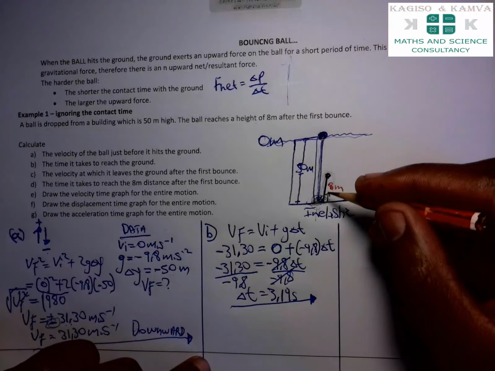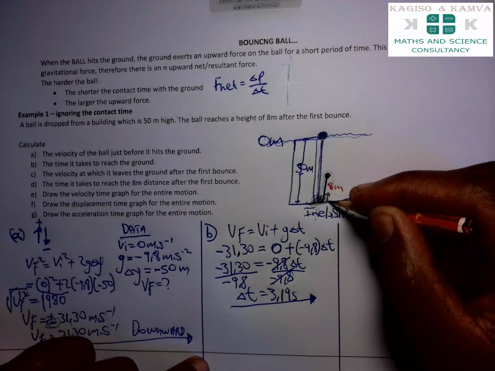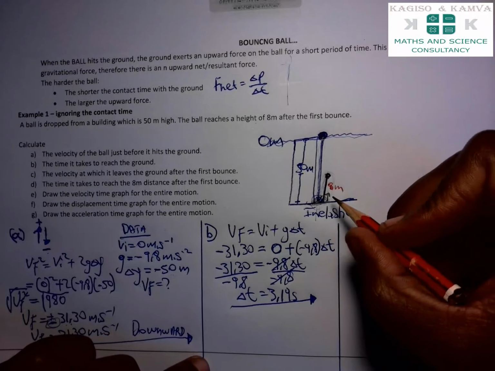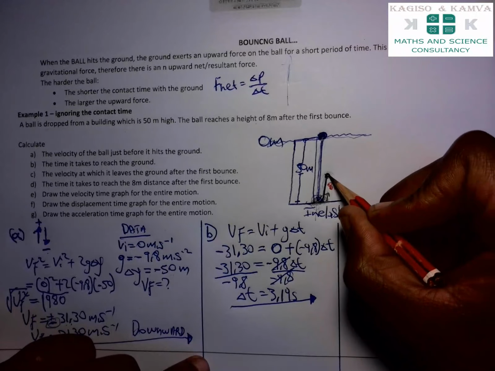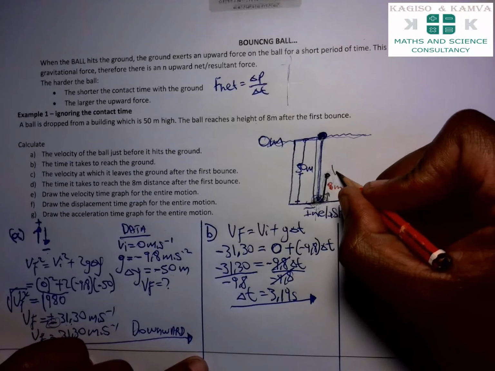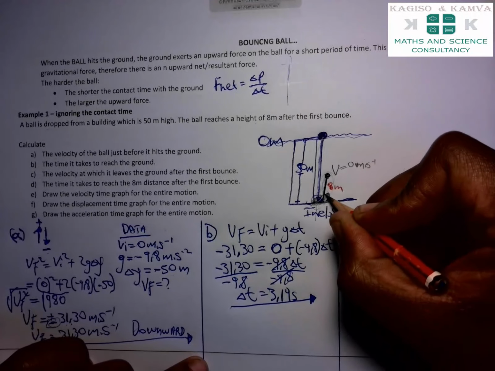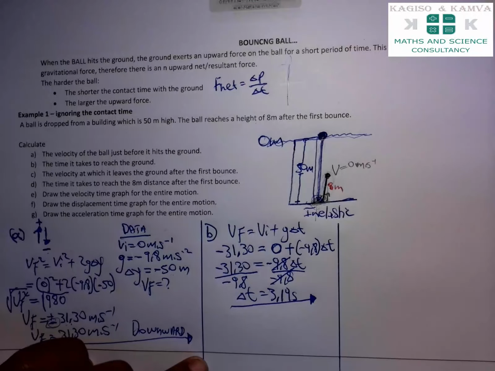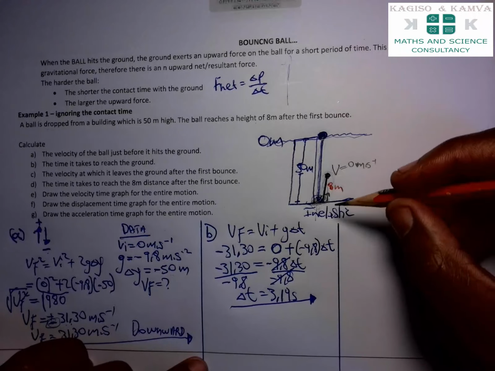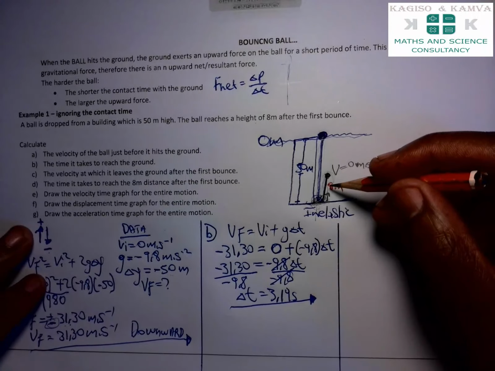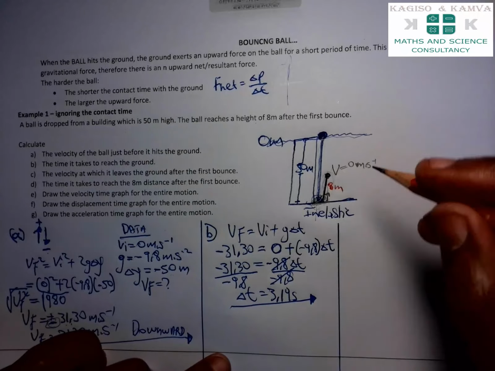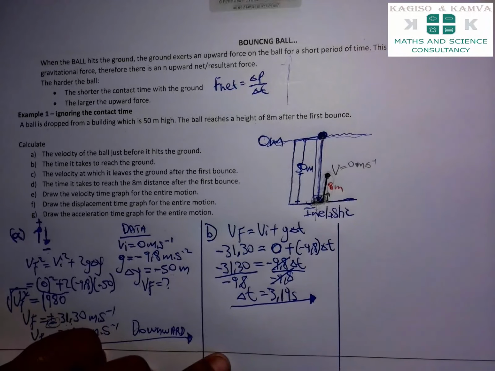So we will have to find the initial velocity separately, because we know that it reaches a height of 8 meters, and there the velocity is 0 meters per second. This is the maximum height it reached after the first bounce. It is covering a positive displacement, if we take this to be the initial point.